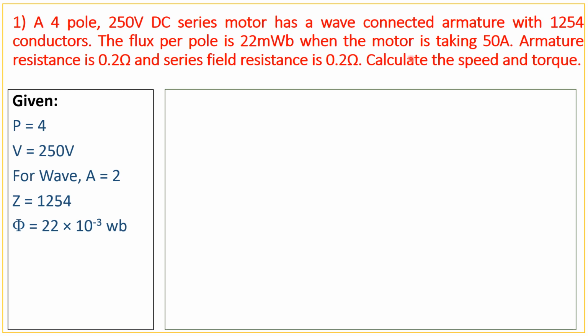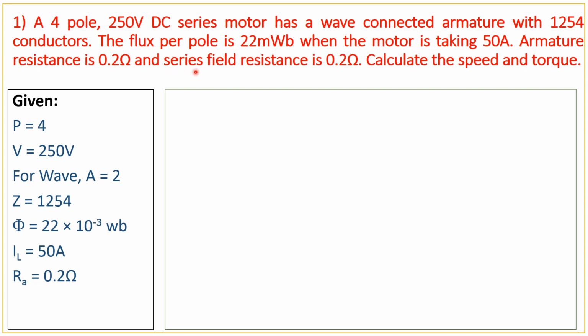See here the motor is taking, so it means it is drawing 50 amperes, therefore IL is also equal to IA here. So directly I can take it as IL is equal to 50 amperes, and the armature resistance is 0.2 ohm. Armature, therefore RA is equal to 0.2 ohm.